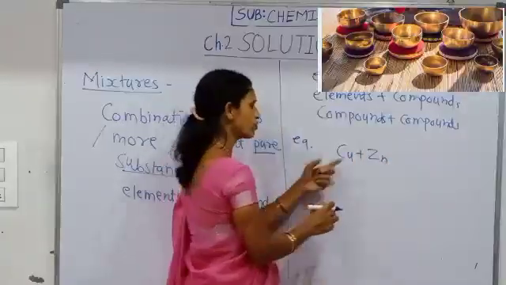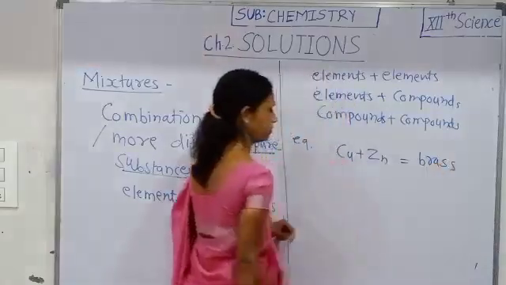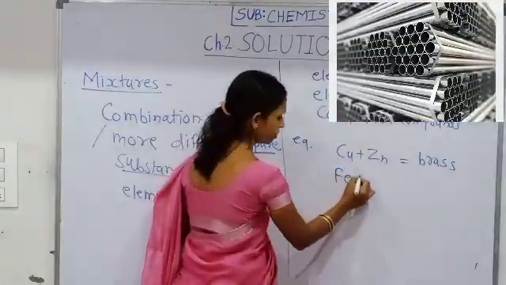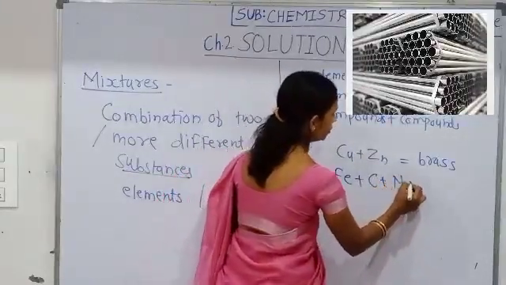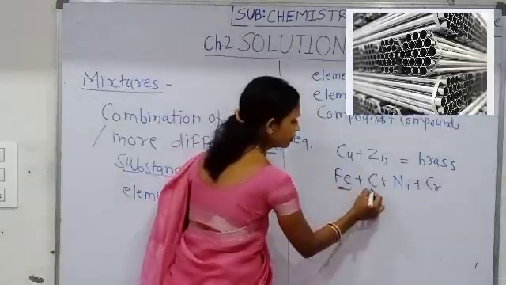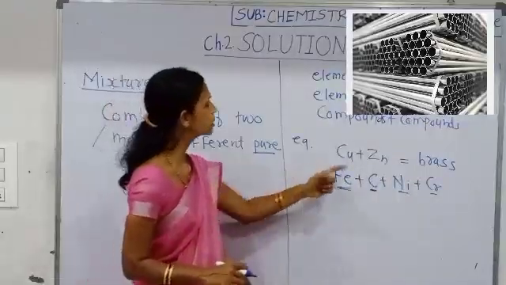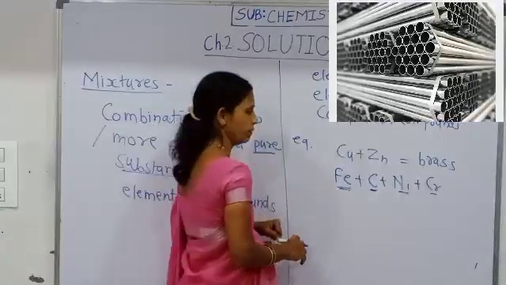For example, a mixture of elements and elements is copper and zinc. That is the mixture of copper and zinc; we know it as brass. Stainless steel is a mixture of iron, carbon, nickel and chromium. Iron, carbon, nickel and chromium are all elements, and a mixture of all of those is stainless steel.